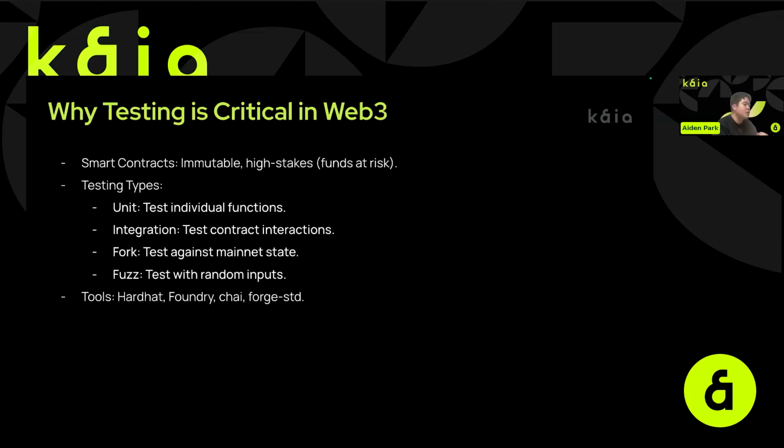So there are many types of testing: unit testing, integration test, and fork, fuzz. The unit test is a very basic and simple test. Usually after you develop some contracts, you must write the unit test before the deployment. It's the minimum requirement.